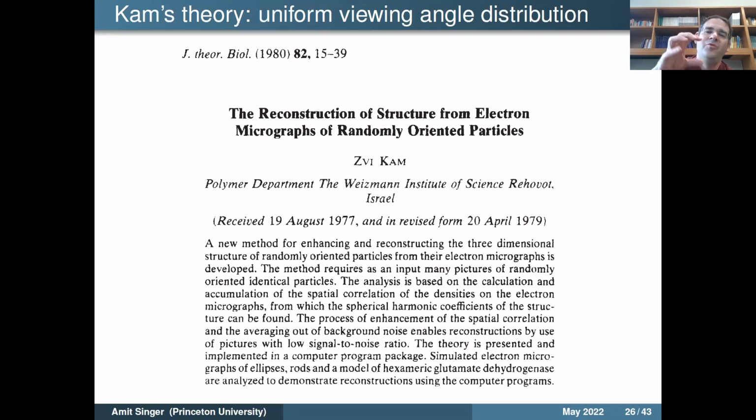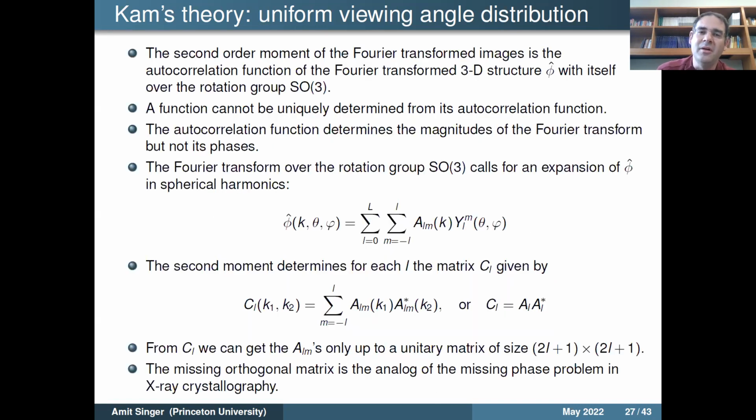So there is no preferred orientation for the molecule. All orientations are just equally likely. And what Kam showed is that in this case, the second order moment is actually insufficient to determine the 3D structure. So let me try to show you quickly his argument.